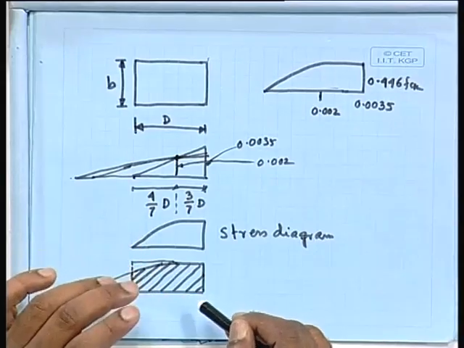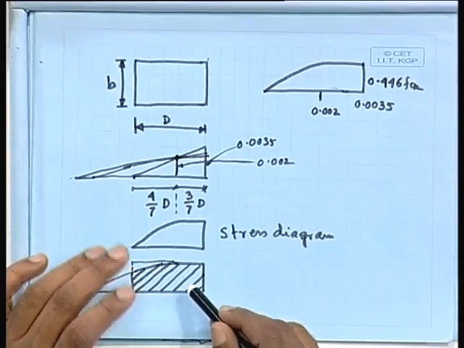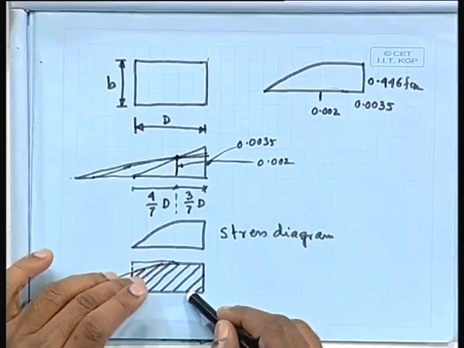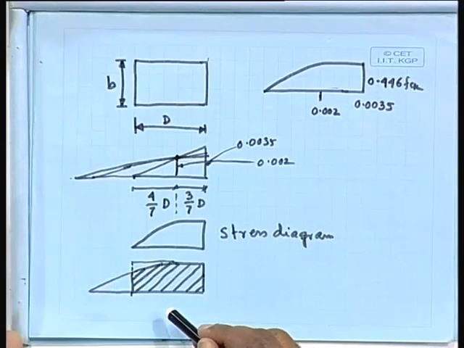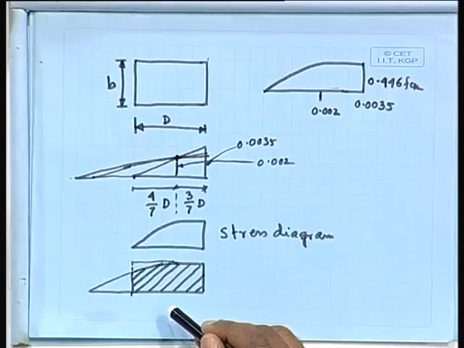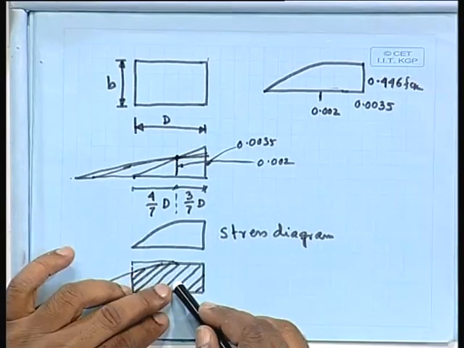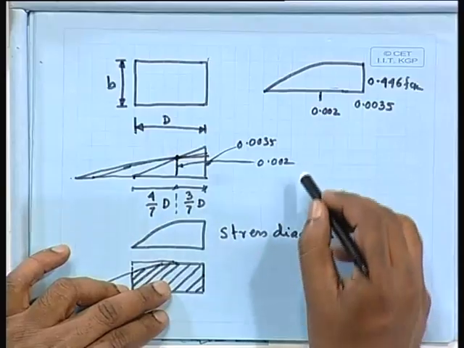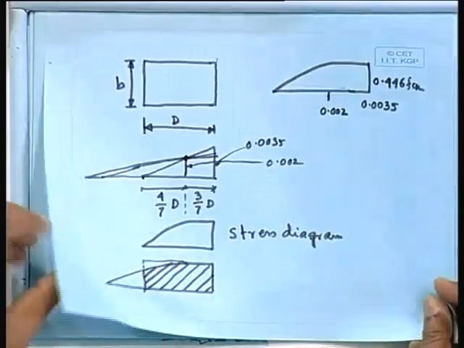What is the moment of resistance and what is the resistance for the axial load, that we calculate for a particular neutral axis position. And then we can find out that one and we can plot it, and that is called interaction diagram.